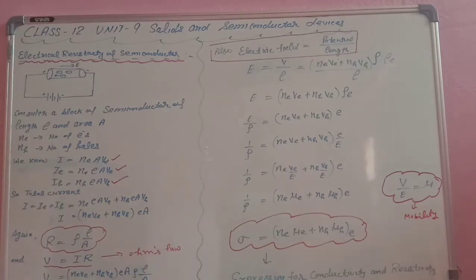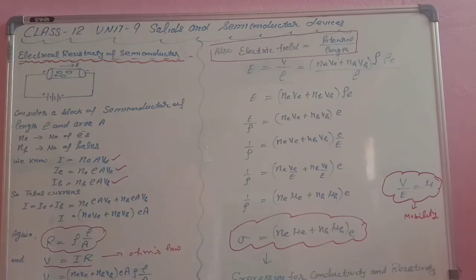In unit 2 we have studied, I is equal to neA v_d. So for electrons, I_e is equal to n_e e A v_e, where v_e means electron velocity, and I_h will be equal to n_h e A v_h, where v_h means velocity of holes. Then what will be the total current? Total current I is equal to I_e plus I_h. Just take the addition of both, and you know that eA is common, so it will come outside.